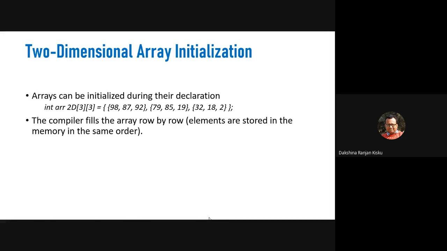But the compiler stores the elements row by row in a one-dimensional array. So basically, when memory is used for storing the elements of a two-dimensional array or matrix, the elements are stored in a single-dimensional array.